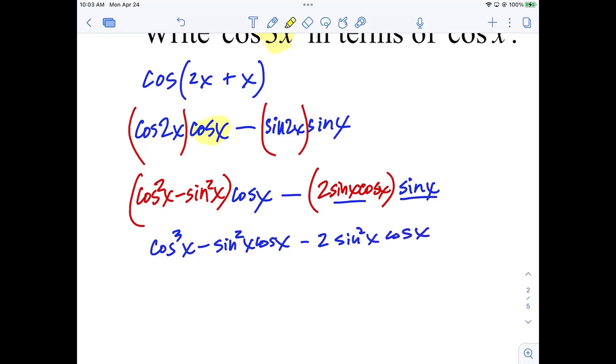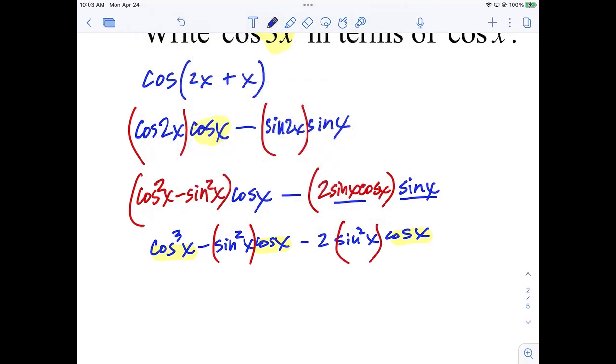Now look, I'm getting closer to having just cosine of x's. I need to get rid of those sine squareds now and turn them into cosine squareds. How do we do that? Papa Pid. Yeah, Papa Pid. So here he comes again. Papa Pid is very, very useful.